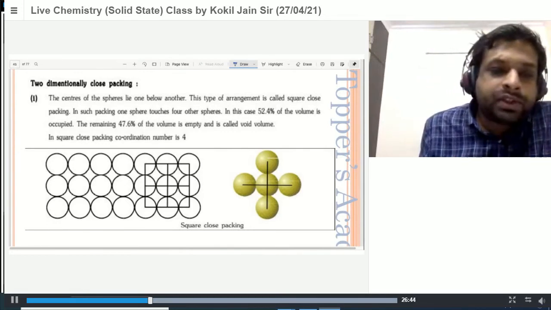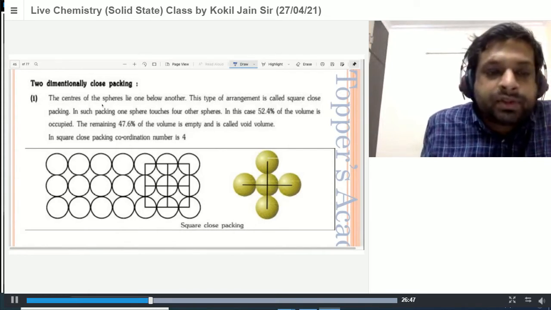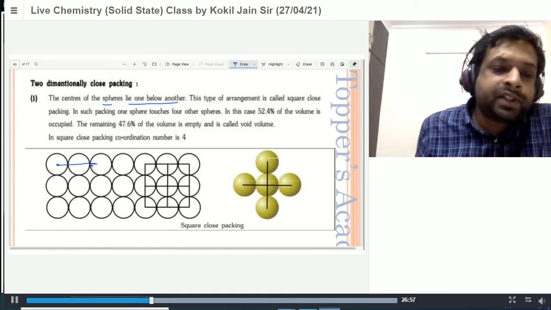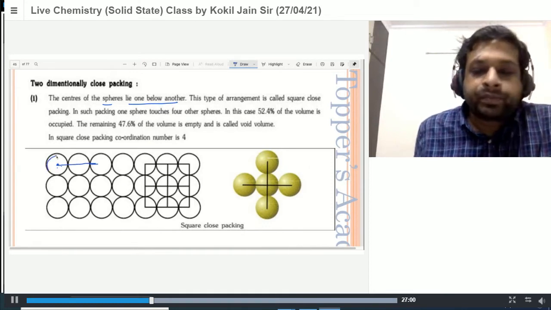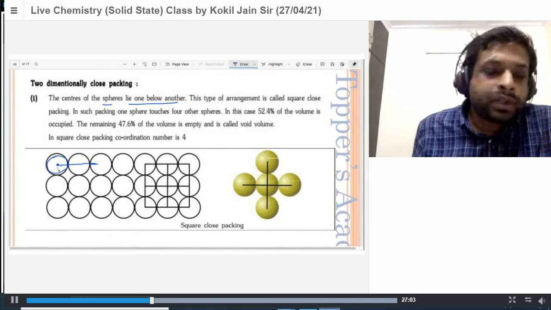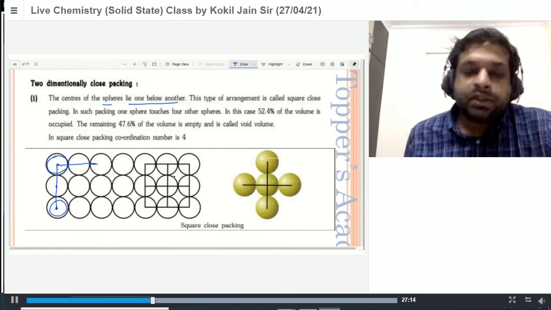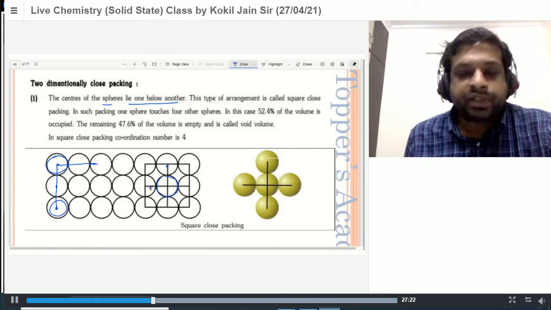In such an arrangement, the centers of the spheres are lying one below another, exactly arranged like this, and above this sphere we are putting another sphere at exactly the same center. You can see this single sphere is touching four spheres in this two-dimensional arrangement.